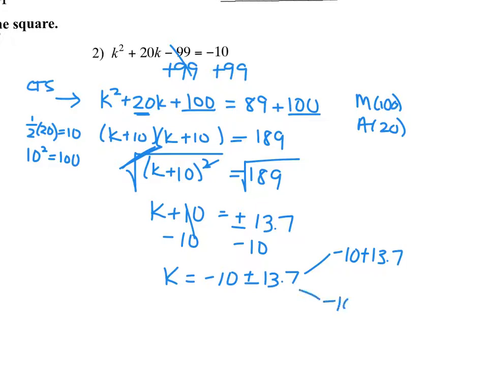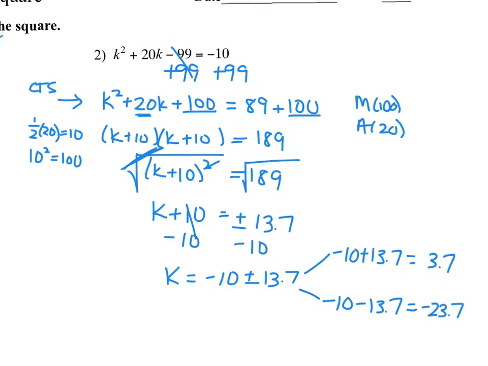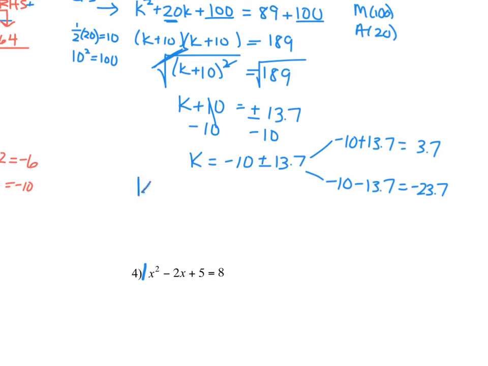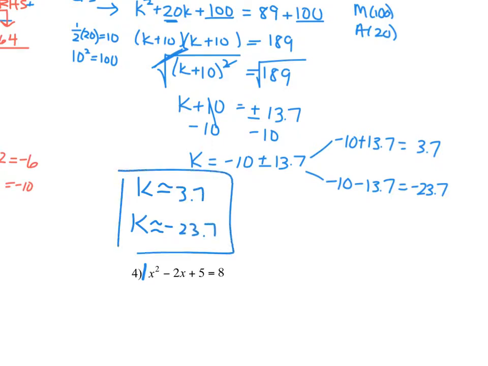And then I just break my problem apart like I did before. And my two answers are 3.7 and -23.7. And those are approximate. So we want to use the squiggle or the approximate symbol anytime we round.